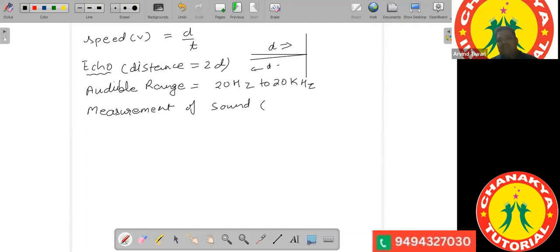The strength of the sound energy is generally measured in terms of decibels, represented by the symbol dB. dB stands for decibels.